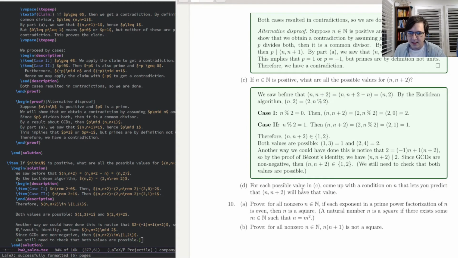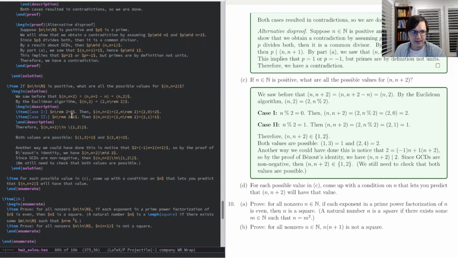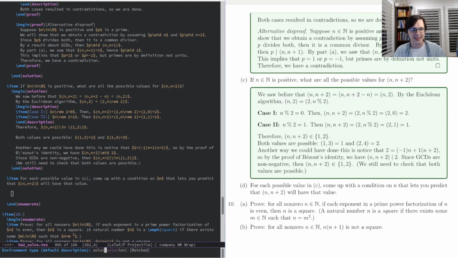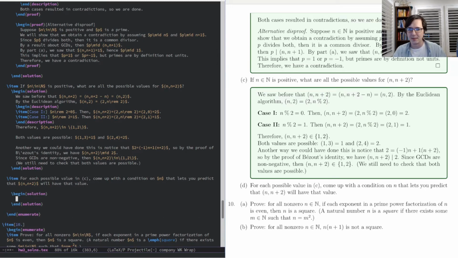Okay, so for each possible value in C, come up with a condition that lets you predict what it will be. Well, the way we calculated it, it makes it sort of obvious, but I guess it's worth saying it. So to get the GCD equals 1, then n remainder 2 equals 1.